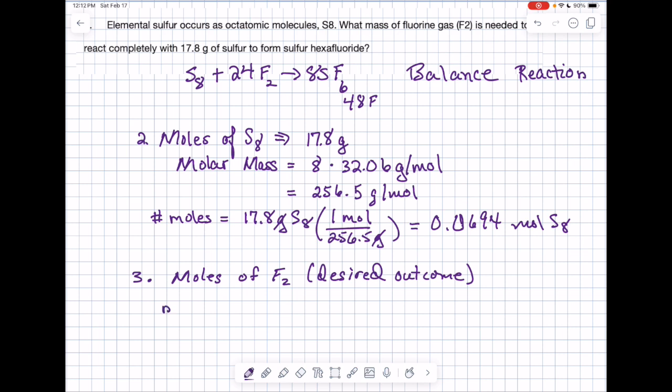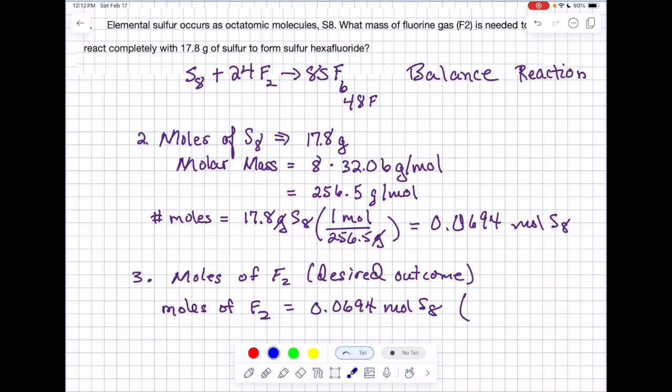So the moles of fluorine is going to be, we take the moles of our S8, and we note from our stoichiometric relationships here that for every mole, what this reaction means is that for every mole of S8, I need 24 moles of diatomic fluorine. So that's the stoichiometric coefficient of 24.